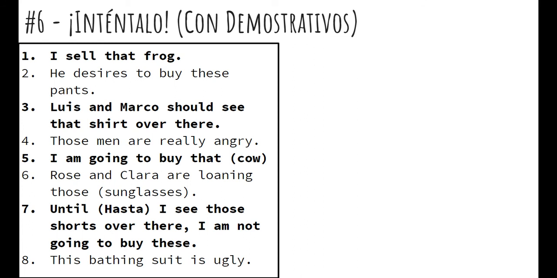Until, which is the word hasta. I see those shorts over there, which shorts is going to be pantalones cortos. It's not in our vocab specifically this year. But the word pants is pantalones. The adjective short is corto. So pantalones cortos will be translated shorts. So until I see those shorts over there, I am not going to buy these, referencing shorts.